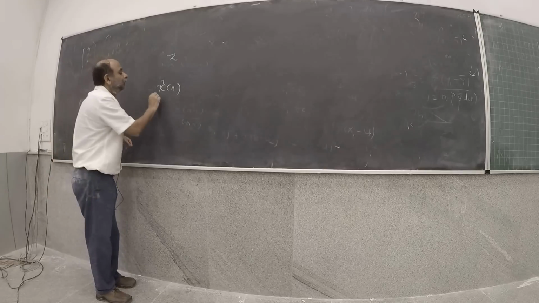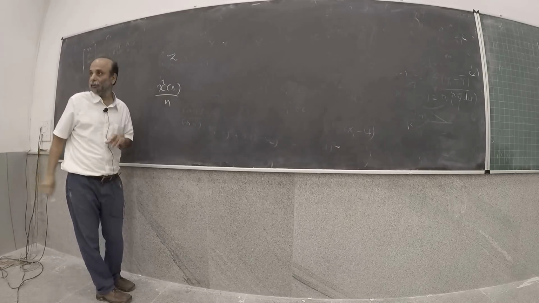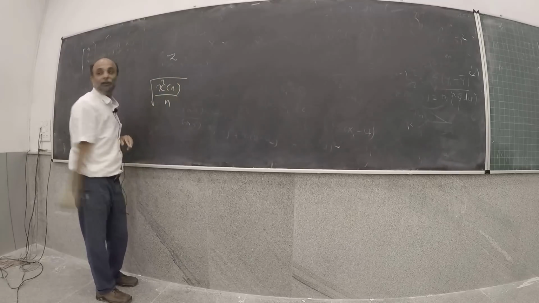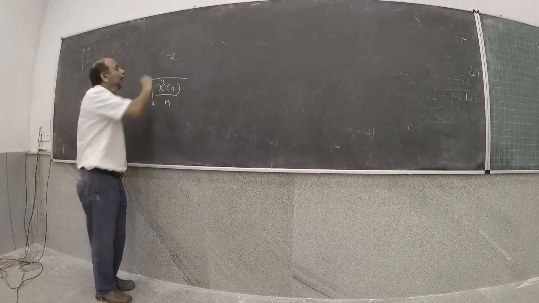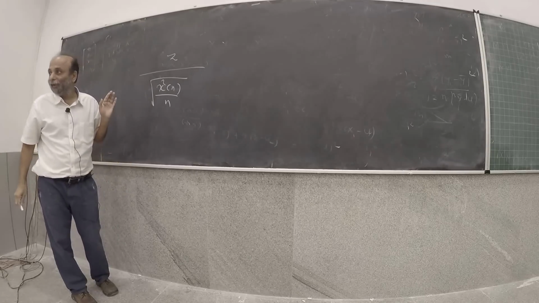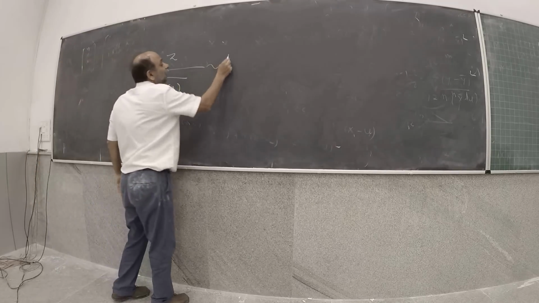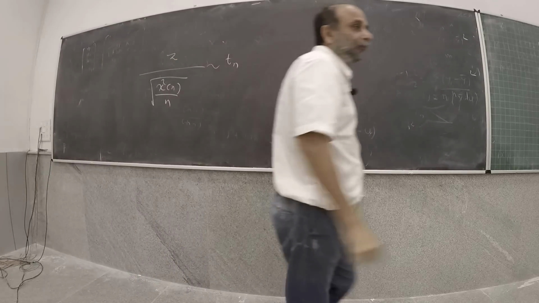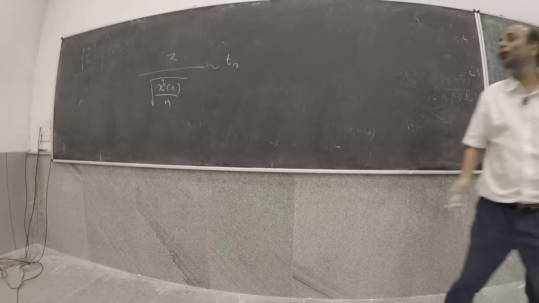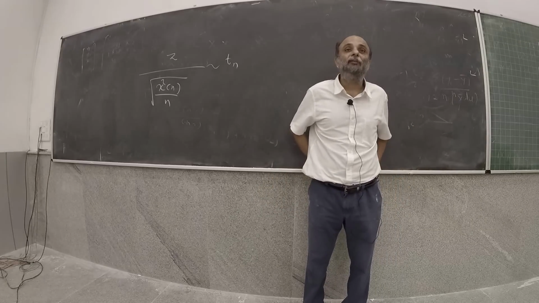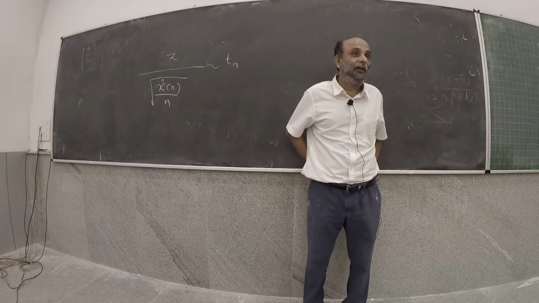Think of dividing this by n. Think of taking a square root of this. And think of dividing z by this whole contraption. Then the resultant is called a t distribution with n degrees of freedom. The distribution followed by this quantity is referred to as the student's t distribution with n degrees of freedom.